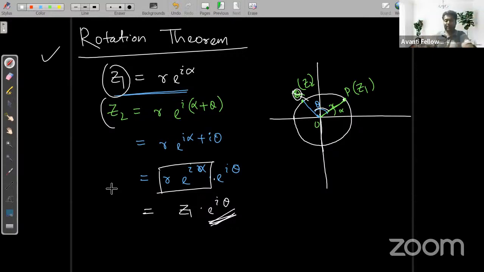Yes or no? Clear? You may ask, sir, what if we rotate it in the clockwise direction? So let's see.